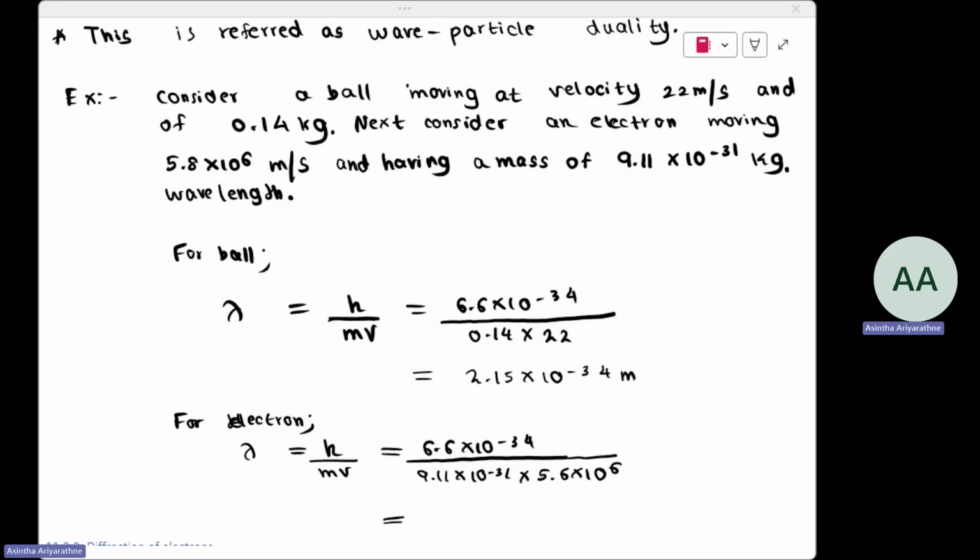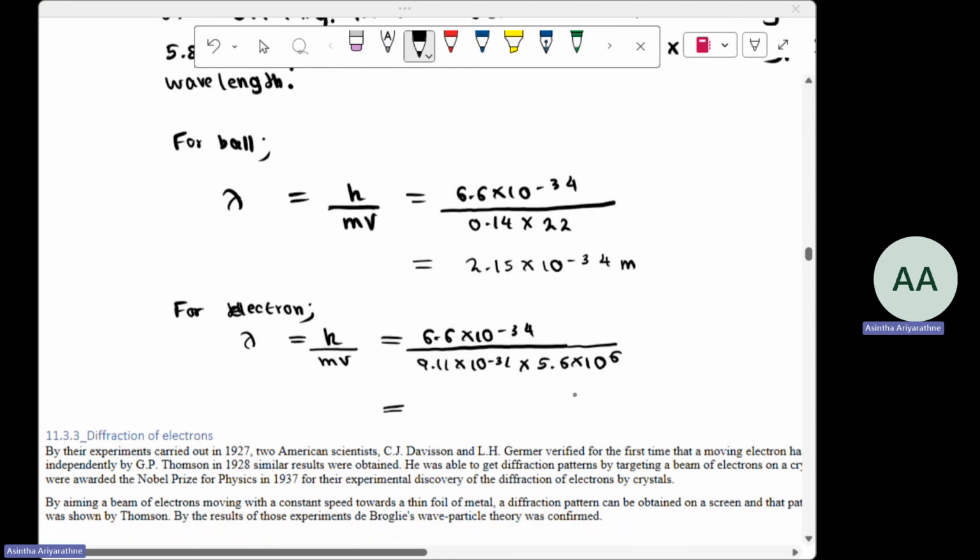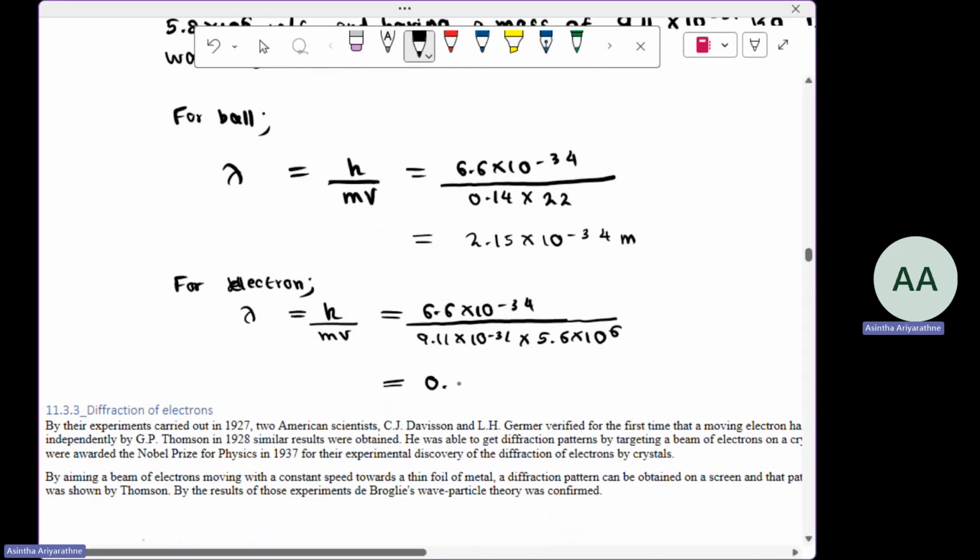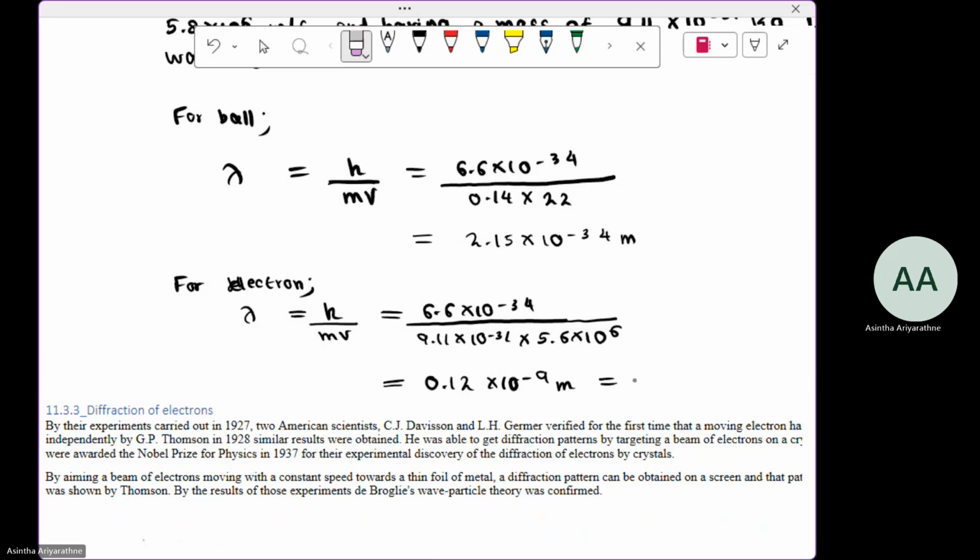We get 0.12 times 10 to the power minus 9, which is in nanometers.